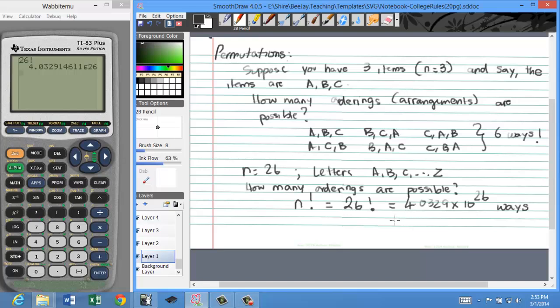Well, do you think that you could have written all of these possible ways out? Think about it. You could not have written that out. So knowing that the number of possible ways to order n different items could be calculated by a factorial helps us because we can actually put that in the calculator and get an answer.